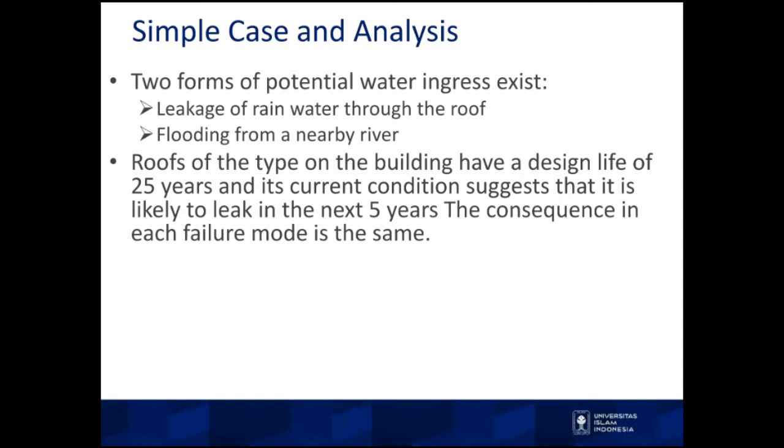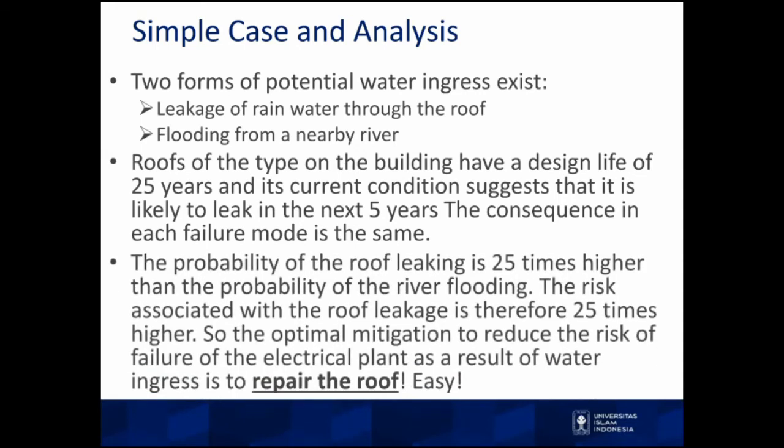Yet the consequences of both leakage and flooding are pretty much the same. After calculating, the probability of the roof leaking is 25 times higher than the probability of the river flooding. So the risk associated with the roof leakage is therefore 25 times higher compared with the flooding.